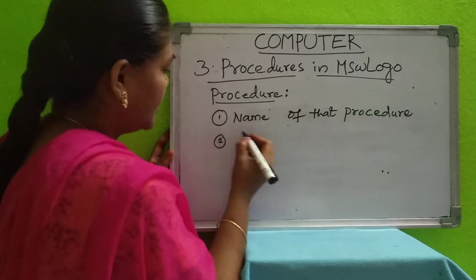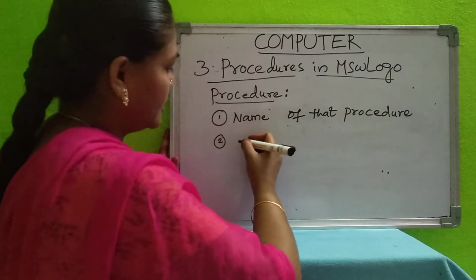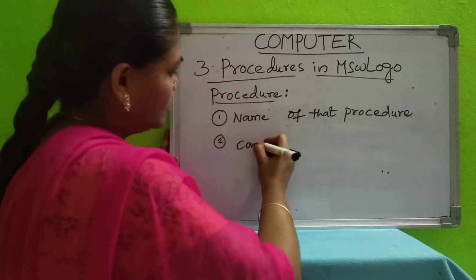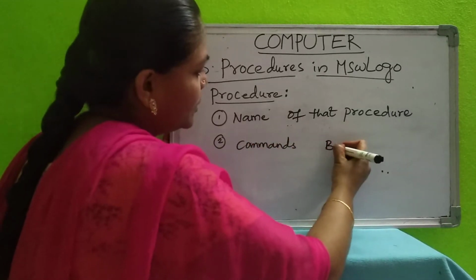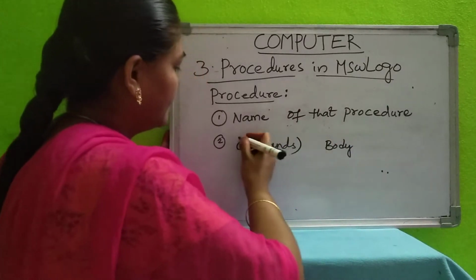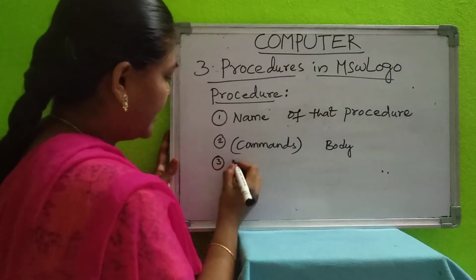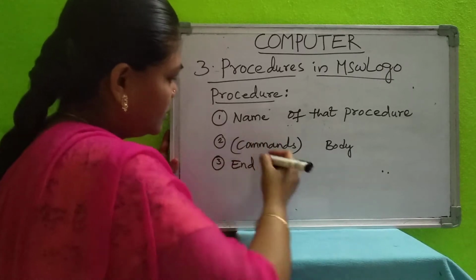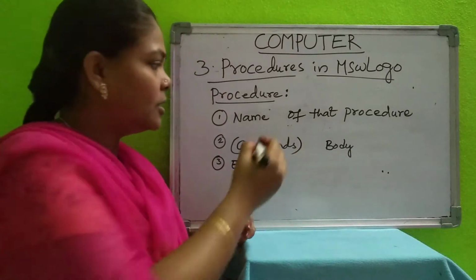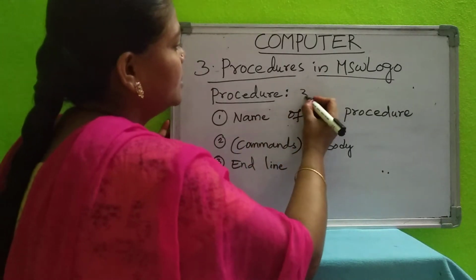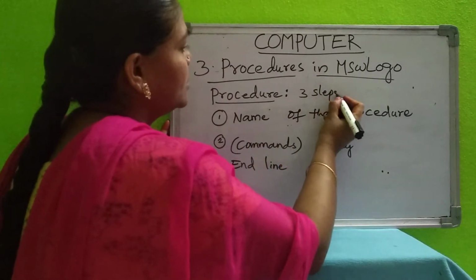Second is the body of the procedure, the commands you have to give. Third one, end line. The last line should be end. These are the 3 steps to write any procedure.